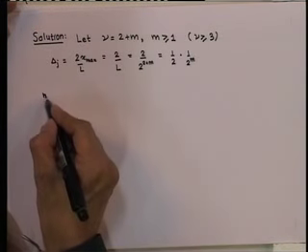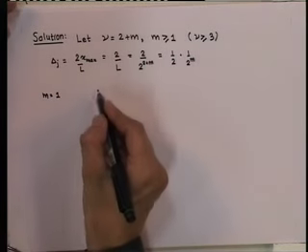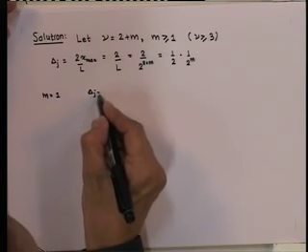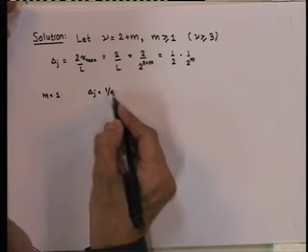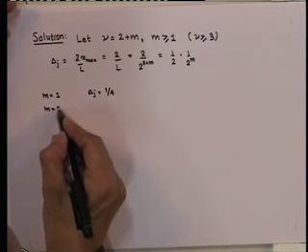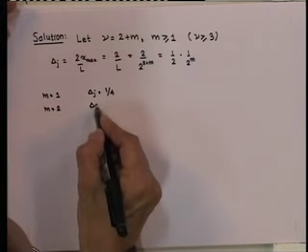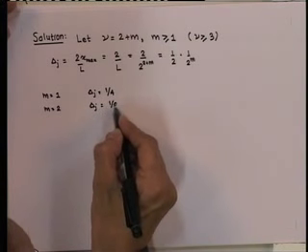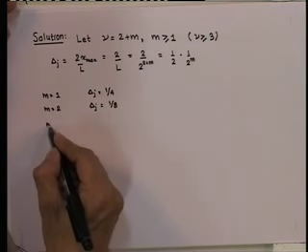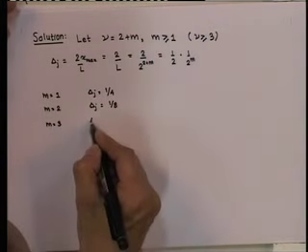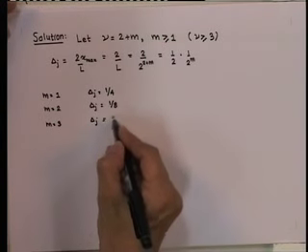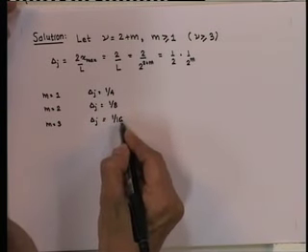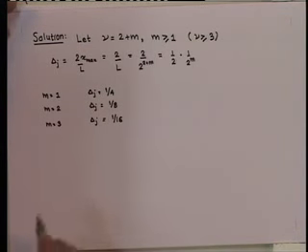So, for m equal to 1, delta j is equal to 1/4. For m equal to 2, delta j is equal to 1/8, and for m equal to 3, delta j is equal to 1/16.